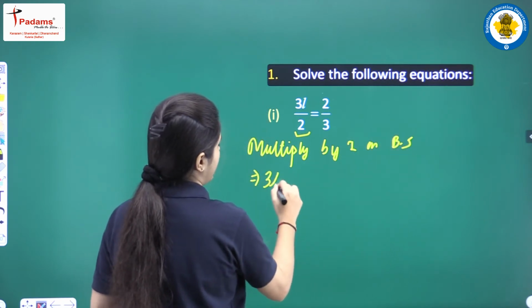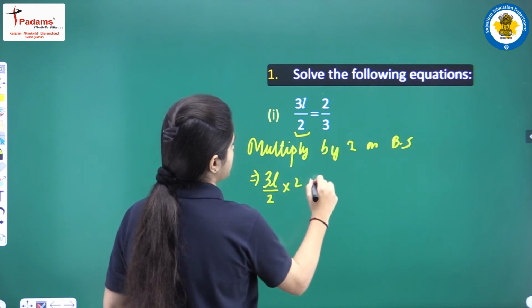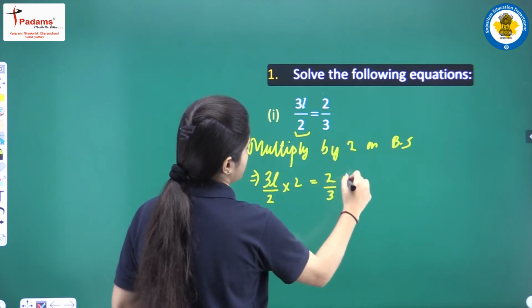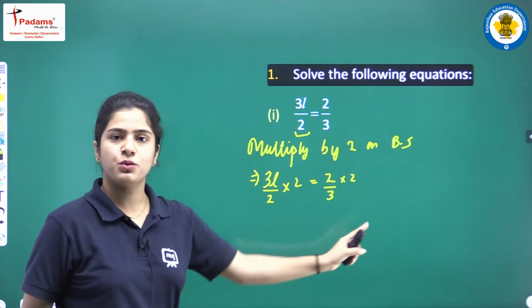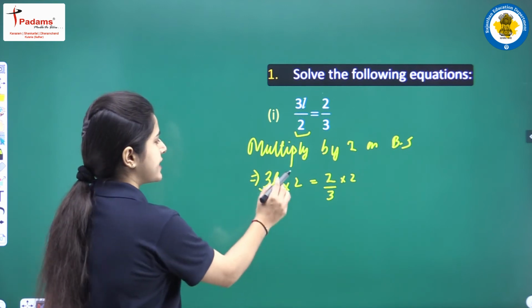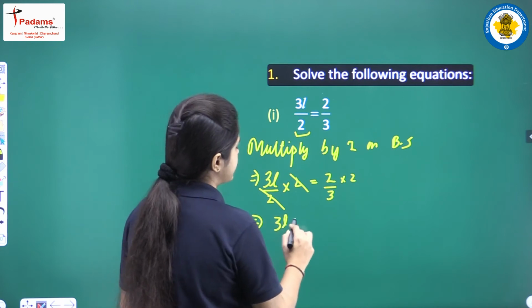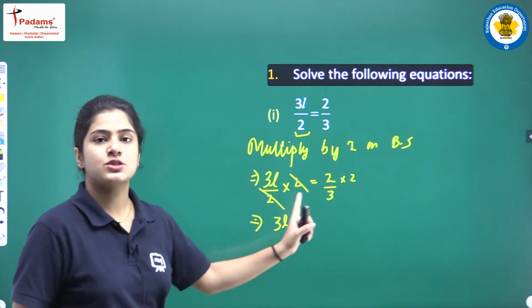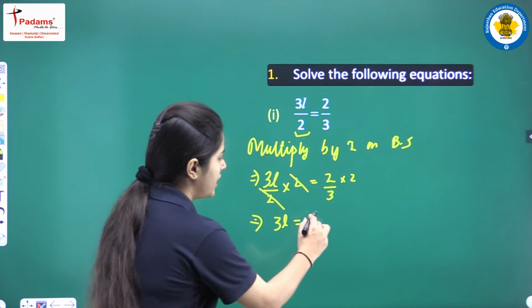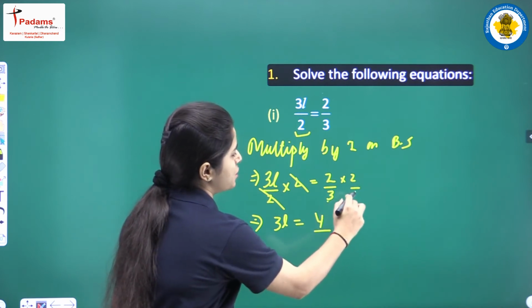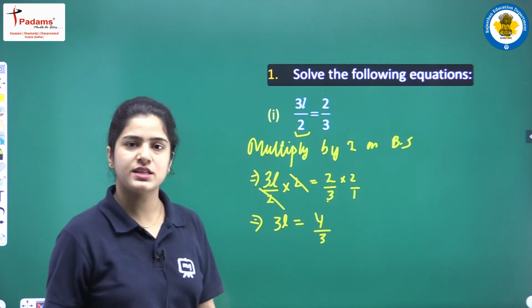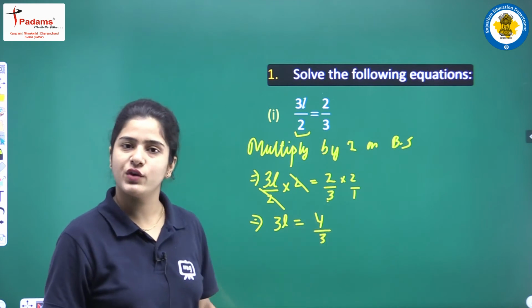So 3l upon 2 into 2 is equals to 2 upon 3 into 2. We have multiplied by 2 on both the sides. 2 will be cancelled out by this 2, right? What is left? 3l is left students. This 3l is equals to 2 into 2 is equals to 4, and 3 into 1 is equals to 3. Okay students, so this 3l is equals to 4 upon 3.